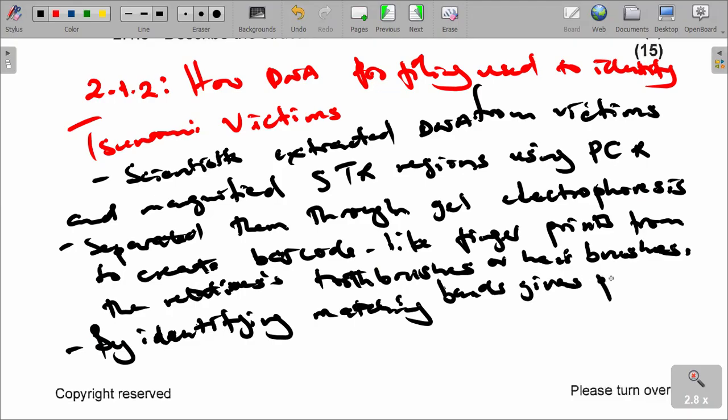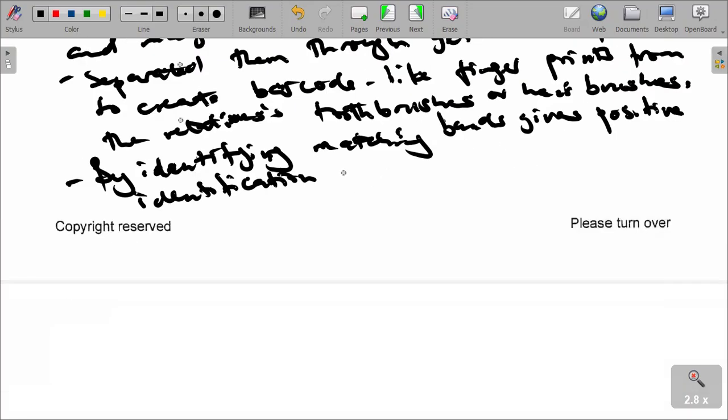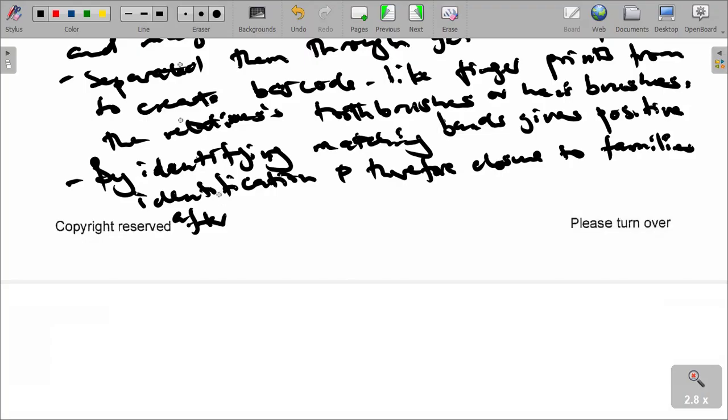Positive identification brings closure to the families after the tragedy.